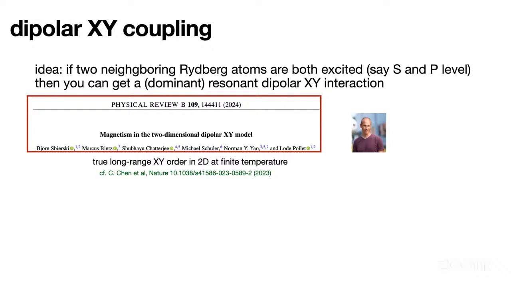Then if you excite this S to the P, you can at the same time excite the P to the S. So it's a flip-flop on both. This is first of all a dipolar coupling, not a van der Waals type. We call it resonant, and it will not be Z2, not the Rabi, but a U(1), or XY, type of interaction. So it's a whole different type of interaction. It will be U(1) preserving and dipolar.